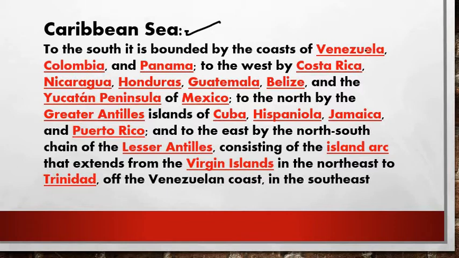The Caribbean Sea is bordered by Venezuela, Colombia and Panama to the south. To the west it is bordered by Costa Rica, Nicaragua, Honduras, Guatemala and Belize.